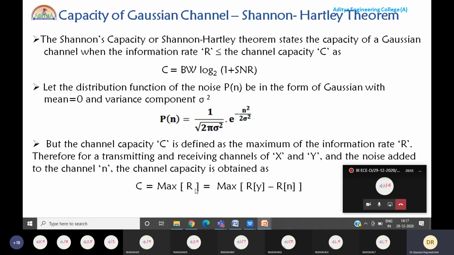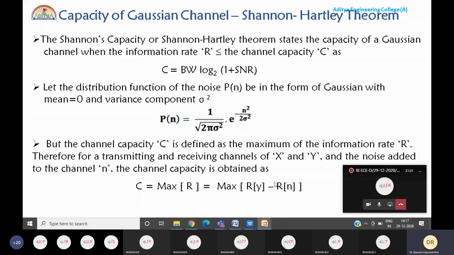Here R represents the information rate of the receiver coming from the transmitter via the noisy channel. That's why we have represented R as R of y minus R of n. Therefore, for transmitting and receiving channels x and y and the noise n added to the channel, the channel capacity is obtained as C equal to the maximum of R.